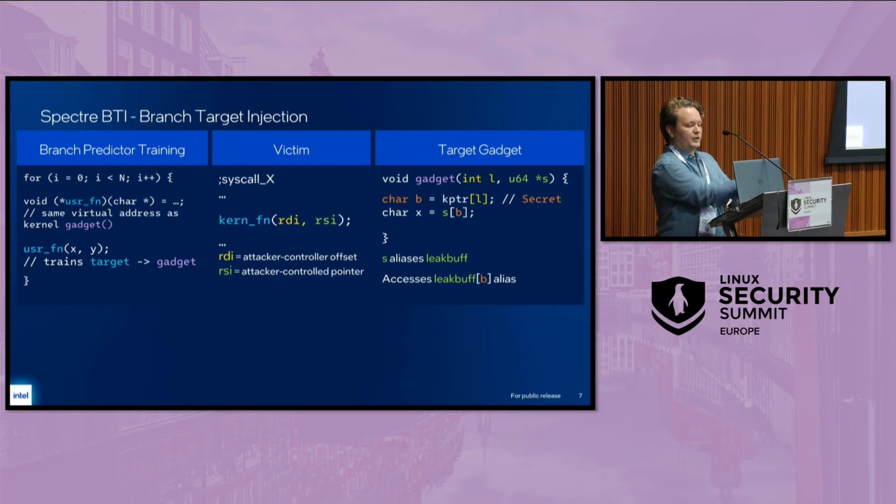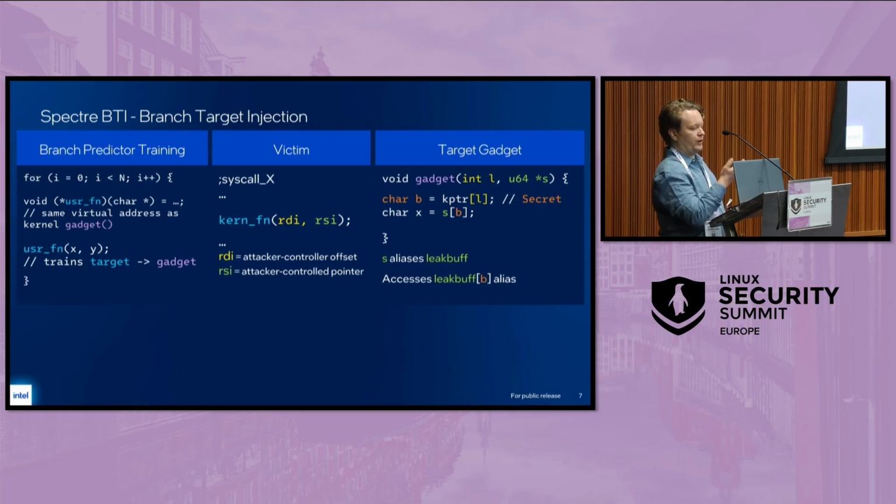In this example, the gadget has some arbitrary kernel pointer called kptr, and accesses an offset of it called L, which the attacker controls. So the attacker can basically read some arbitrary offset from this pointer, which is the secret, right? This is the secret data the attacker wants to steal.